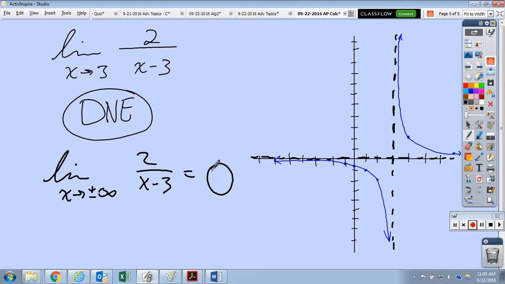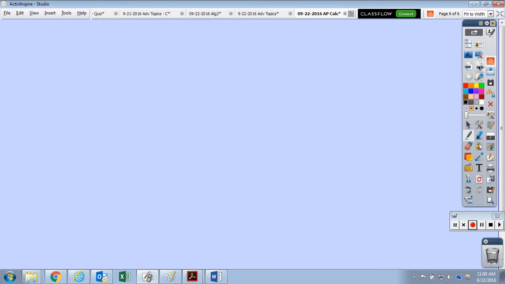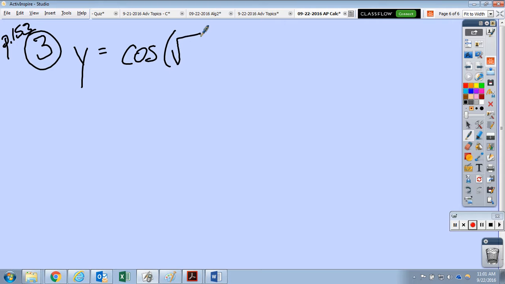So let's say, for example, we have y equals the cosine of the square root of 3 times x, with the 3 under the square root.